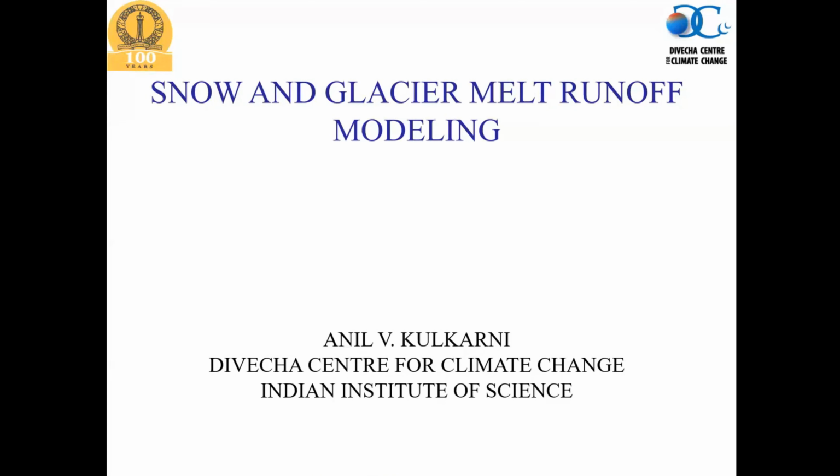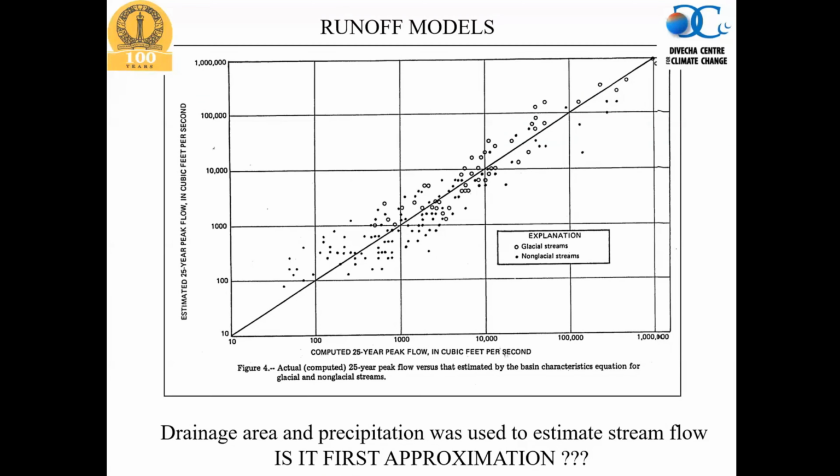But snow and glacier melt is not properly represented. Whichever model you want to use in future, it is important for you to understand the scientific principles used behind these models. Therefore, this lecture will give you a fundamental understanding of how snow and glacier melt is done.